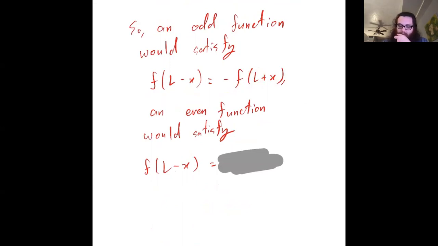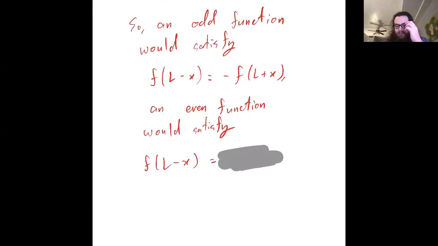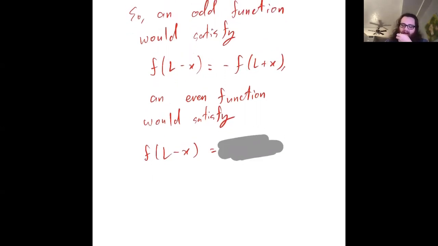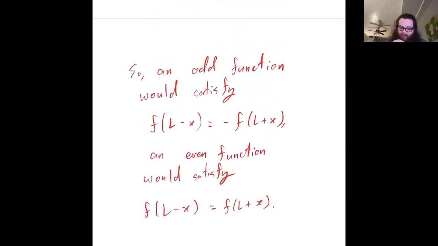And of course, when the center of your interval is 0, you recover the condition that we've seen before. But when you have an even function, we can say a similar thing. If you go a little to the left of the center of your interval, what is that function value? For it to be an even function, we want it to be the function value if you walk the same distance to the right of the center point. Anyways.